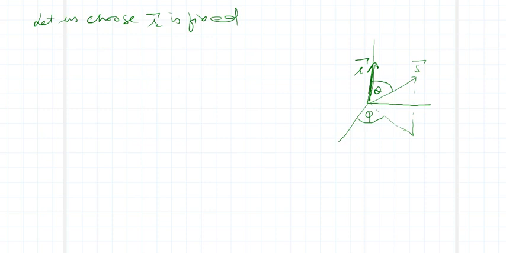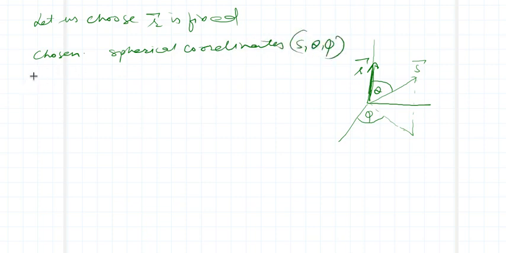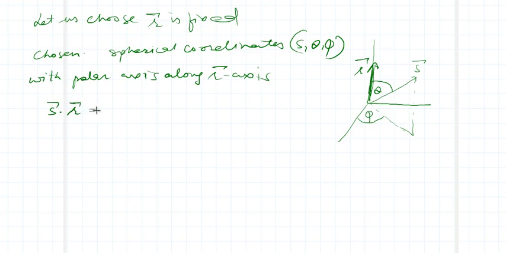That means I have chosen spherical coordinates s, theta and phi with the polar axis along the r axis. Thus s dot r is equal to s r cos theta.